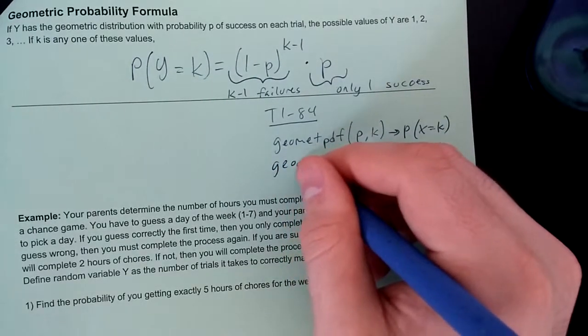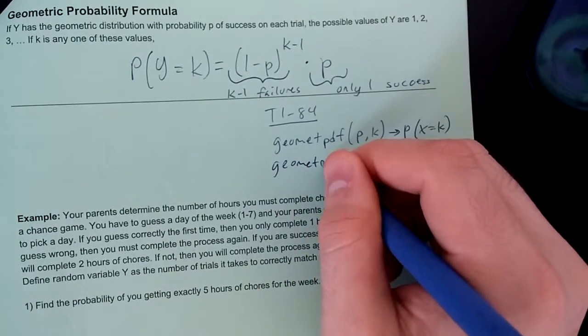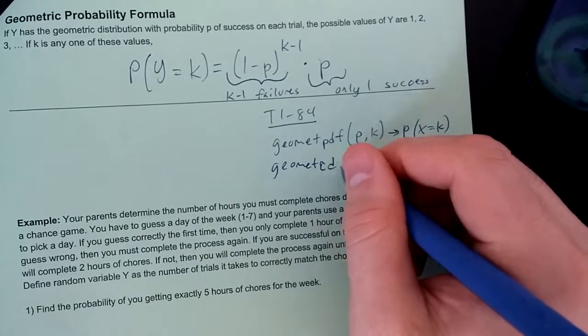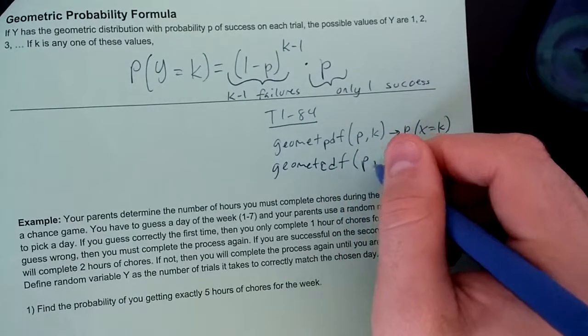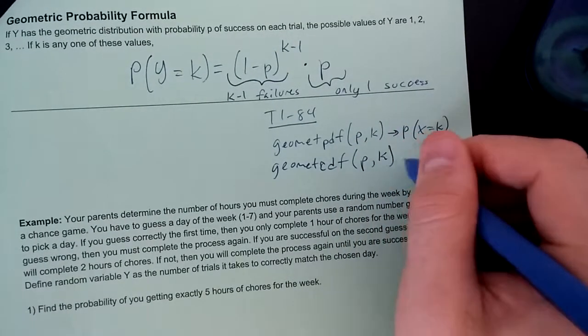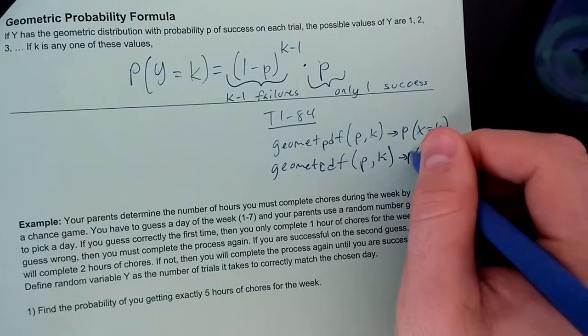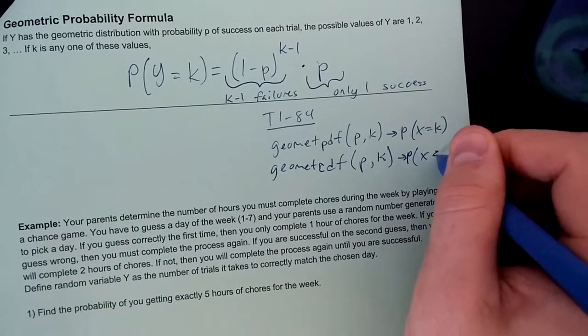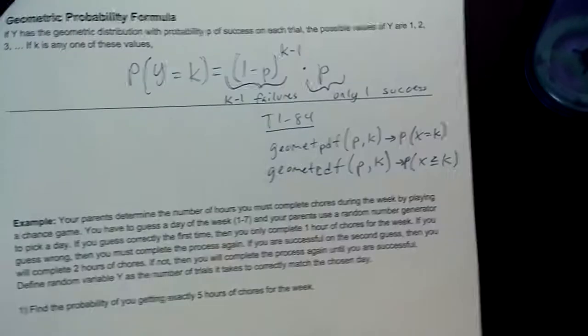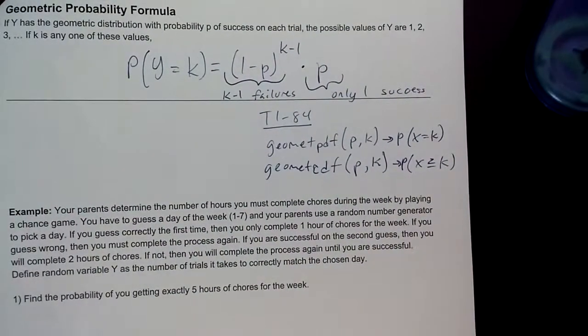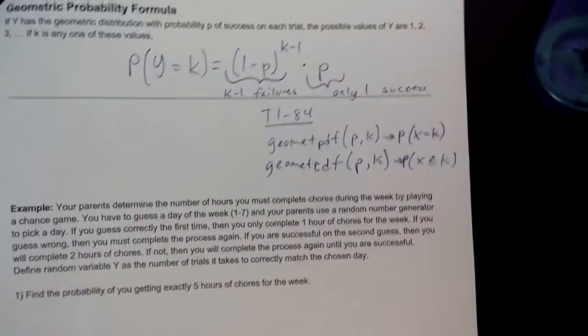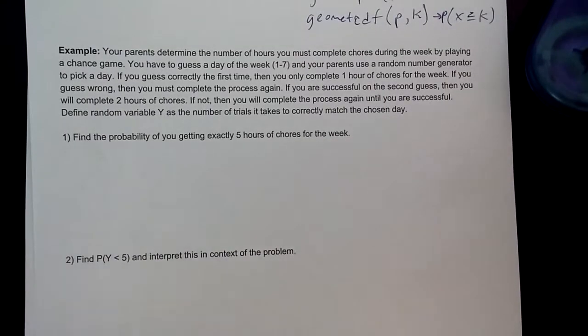And then they have a cumulative one as well, geometcdf. Type in probability, k, and that'll get you less than or equal to k. That's your cumulative option. So you can use either one of those or both of them in conjunction to find certain probabilities. All right, let's go through an example.